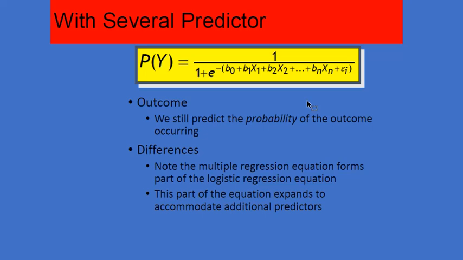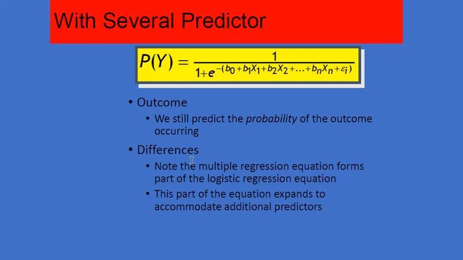The outcome will still be the prediction of the probability of the outcome occurring, but the multiple regression equation forms part of the logistic regression equation.